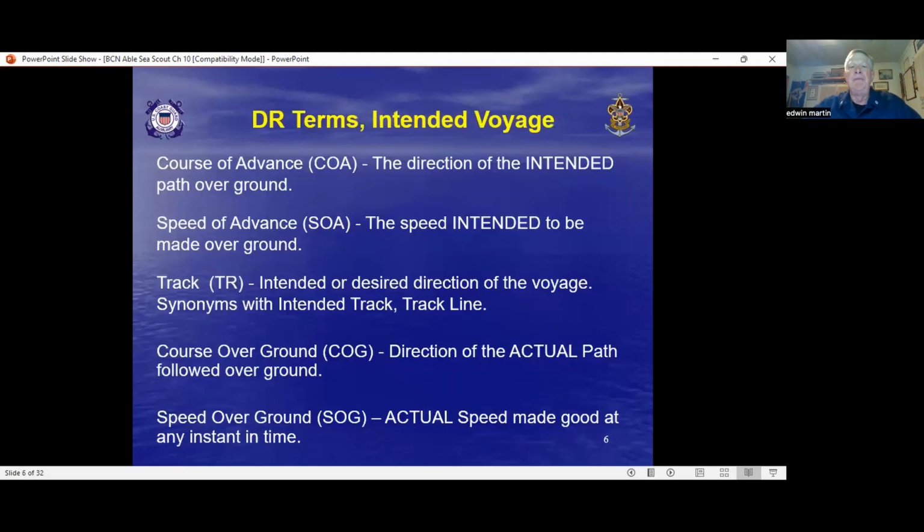Okay, some terms. You don't need to really know all of these. And in most material that I've gone through, only the Coast Guard Auxiliary Advanced Coastal Navigation class usually throws this in.